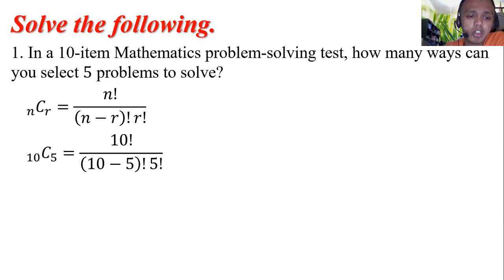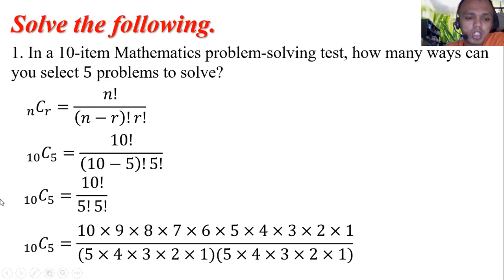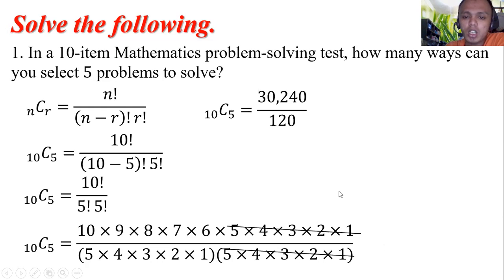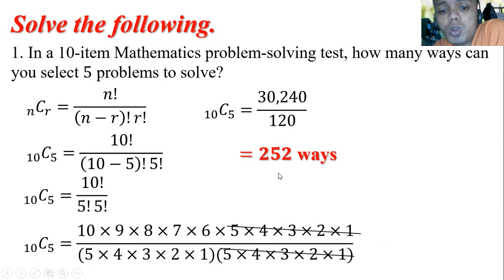Your n here is 10, your r is 5. 10 minus 5 is 5. Then expand: 10 factorial over 5 factorial times 5 factorial. Cancel out. We have 10 times 9 times 8 times 7 times 6. That would be equal to 30,240 over 5 factorial, which is 120. 30,240 divided by 120 is equal to 252 ways. So that is for number 1.